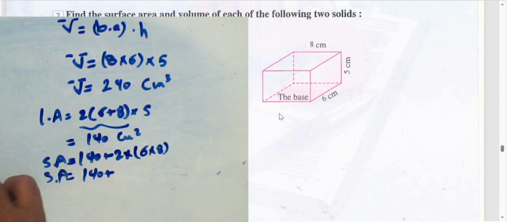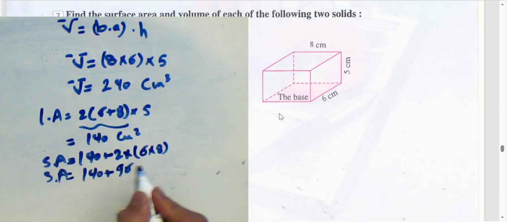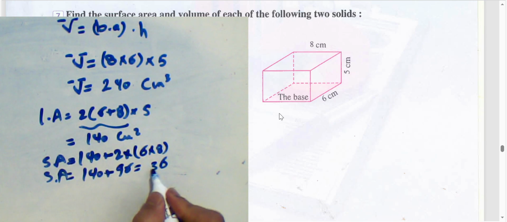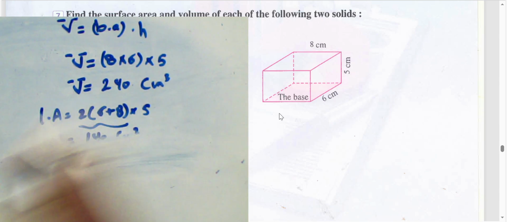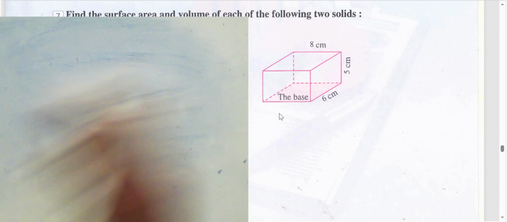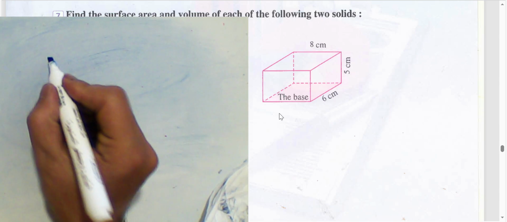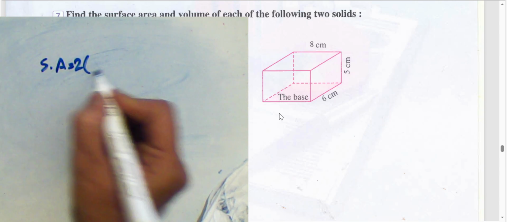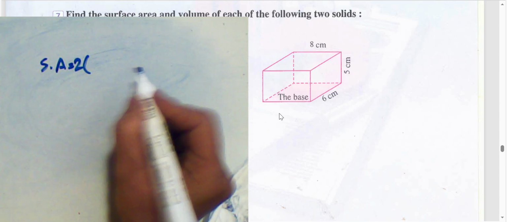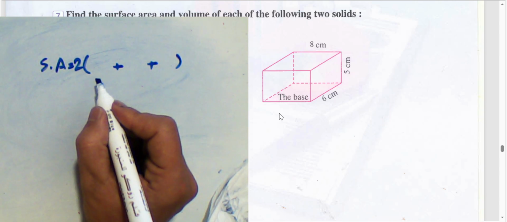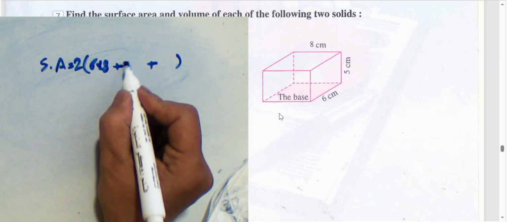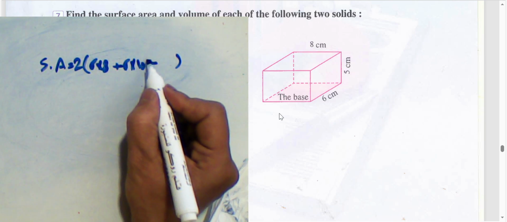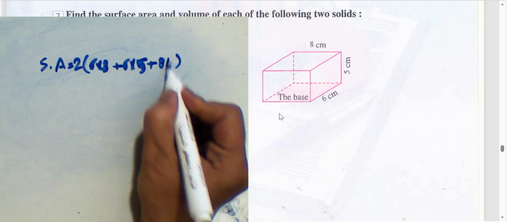2 times 6 is 12, times 8 equals 96. Then 140 plus 96 equals 236 square centimeter. Okay, it's the surface area. You can also write the surface area by this rule: 2 times the sum of the products of the dimensions, 6 times 8, 6 times 5, and 8 times 5.